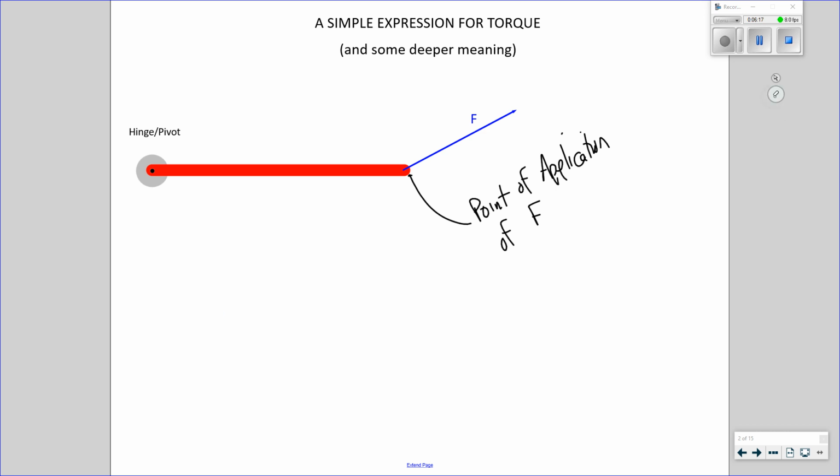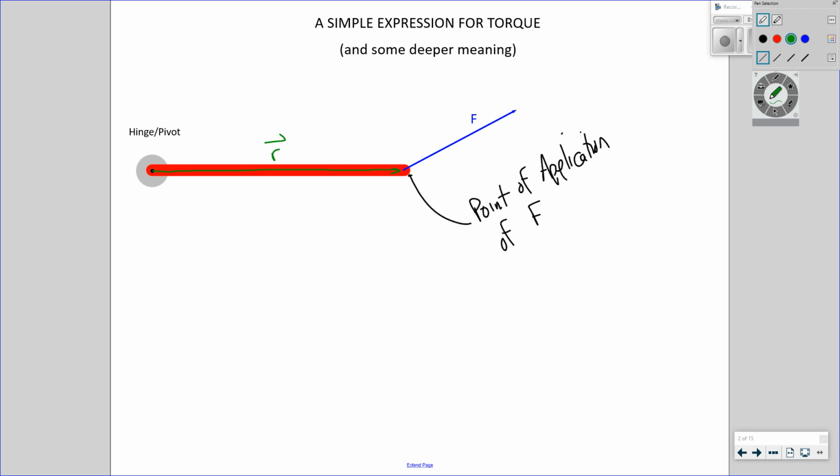All right, and this place, called the point of application of the force F, is located somewhere relative to the axis of rotation. And it's located via this vector r.